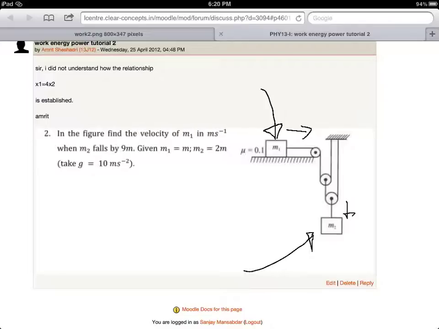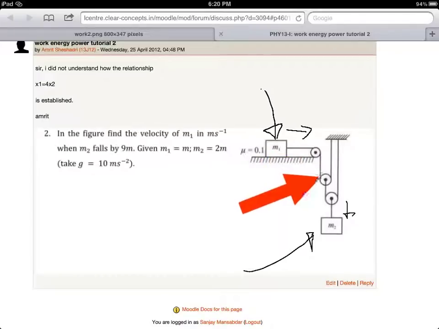When it comes to accelerations, which is really what is of interest here, I prefer to use another method, which is also described in that same chapter, but it's faster to explain, so I'm using that method here. The important point to note is that this string over here and this string over here are joined.